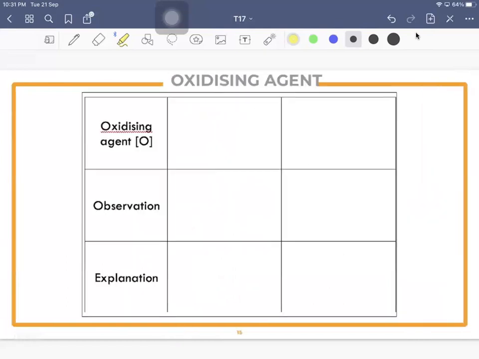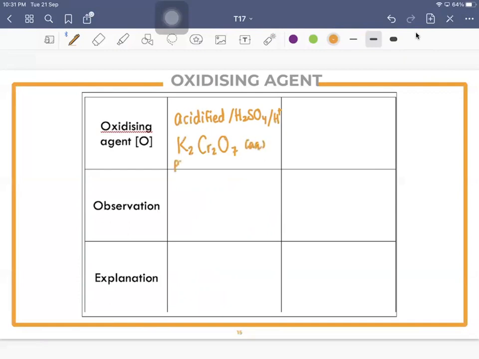Going back to the oxidizing agents, I've already mentioned what the two oxidizing agents are. The first one is acidified potassium dichromate. Sometimes people write acidified, sometimes H2SO4 or even H+. It has to be acidified potassium dichromate, K2Cr2O7 aqueous.